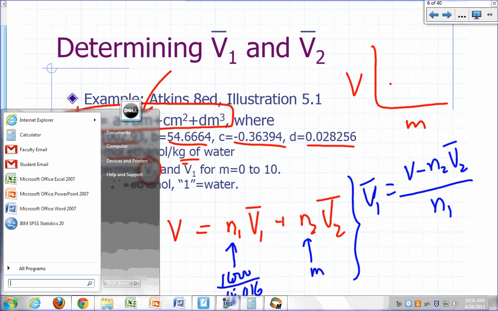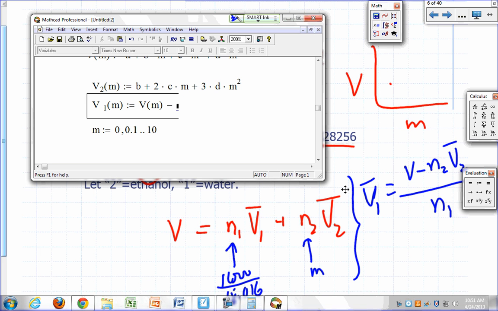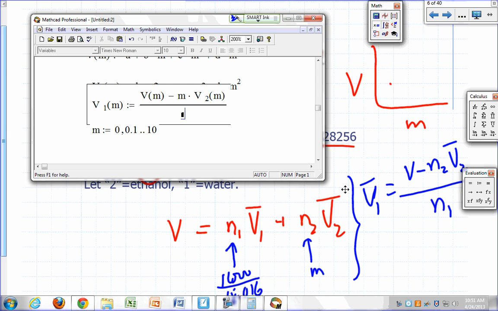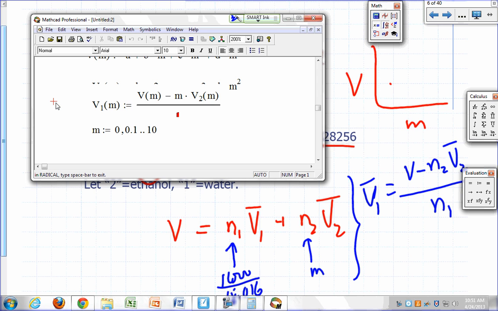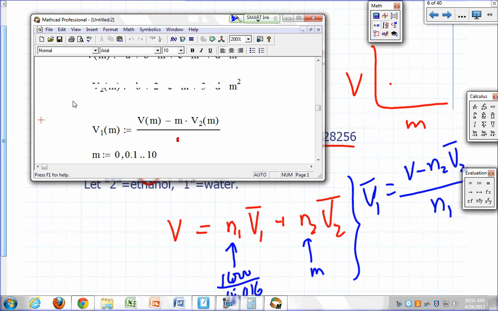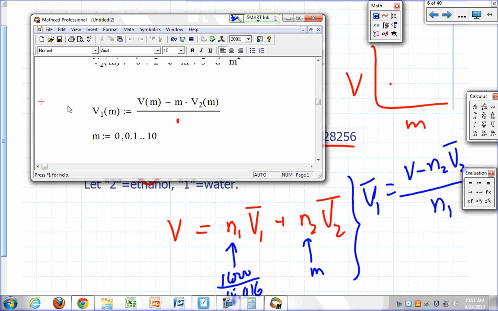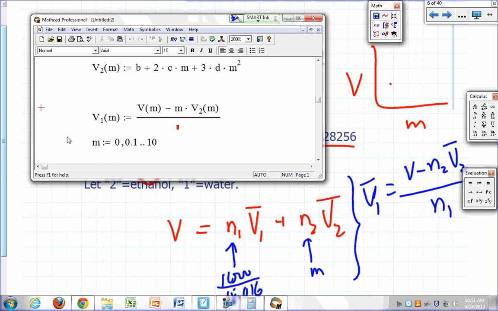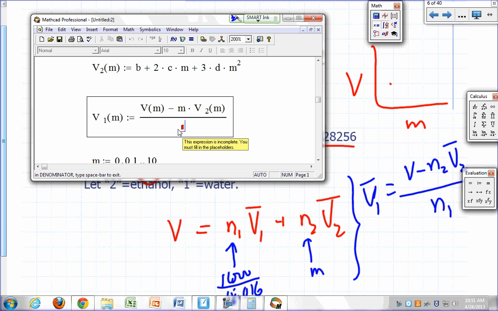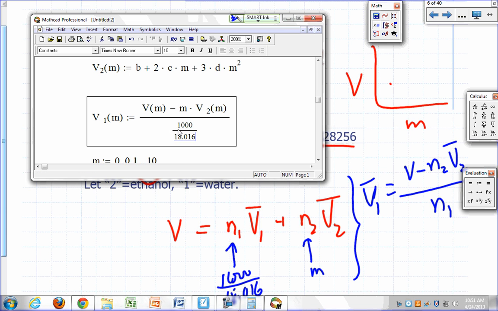Write that formula down. So that's going to be V minus N2, which is molality, times V2 bar of M, divided by N1, and N1 here is 1,000 grams divided by 18.016 grams per mole.